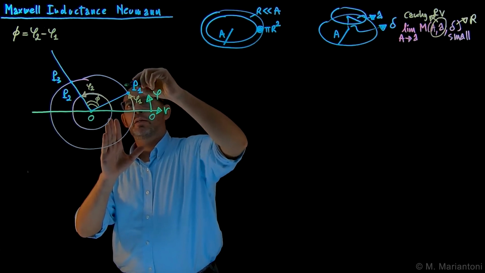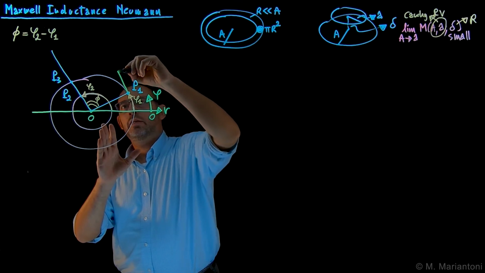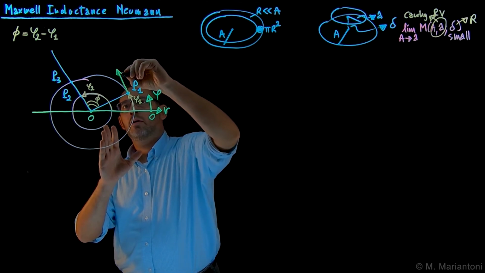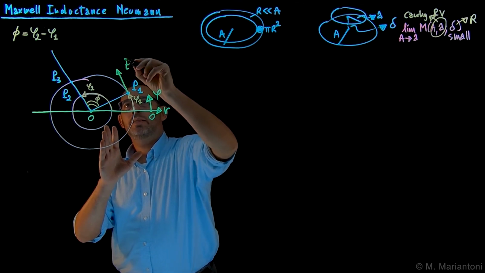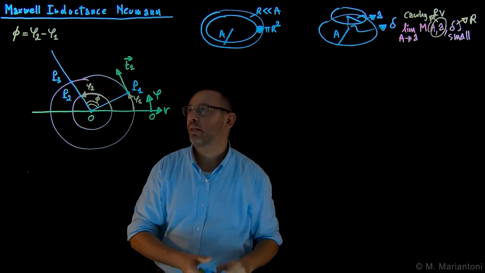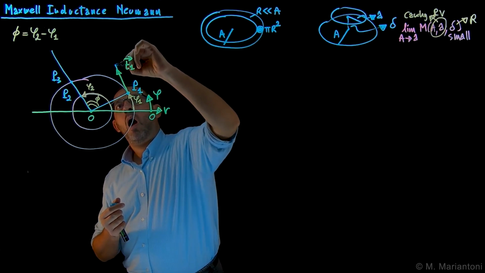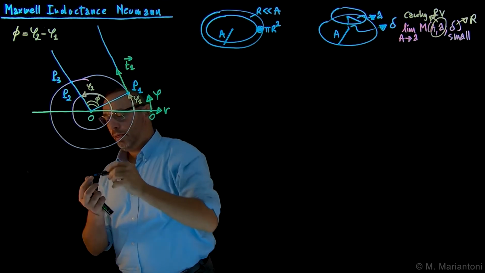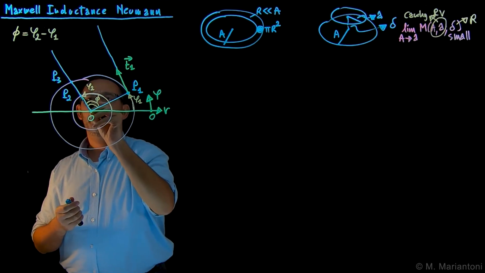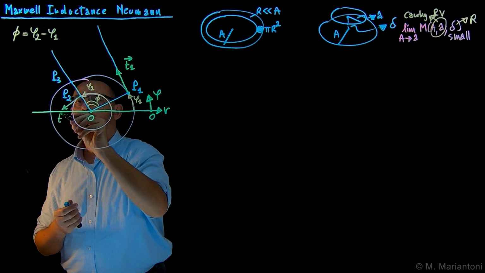So here, there will be a tangent unit vector in this way. So this is the tangent unit vector T1, which belongs to this line here. Here we have the tangent unit vector T2.